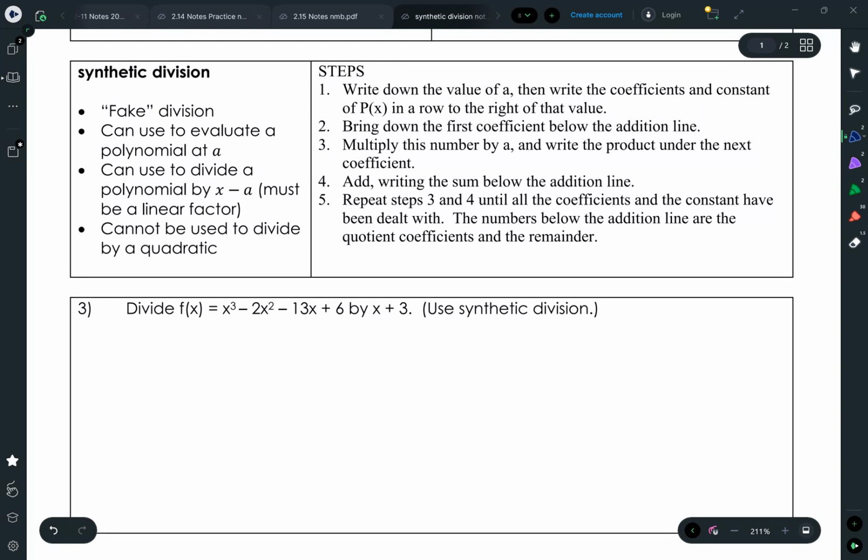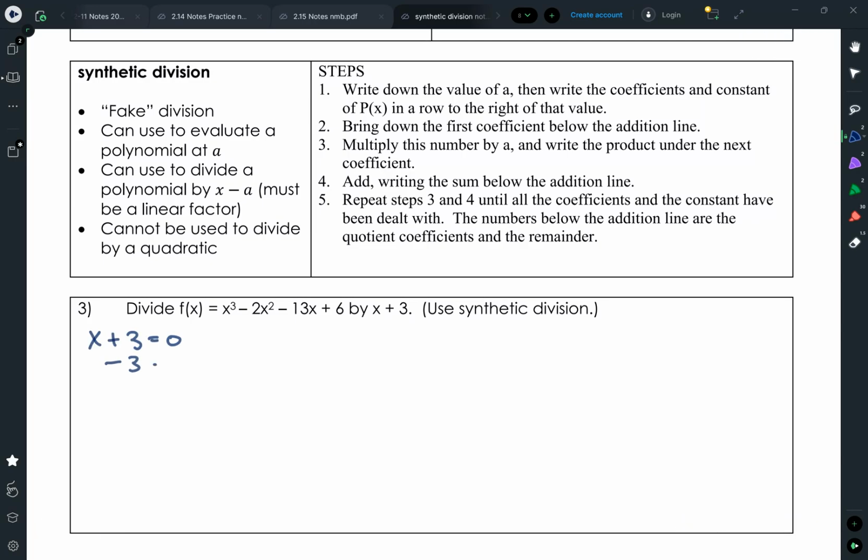So if we are dividing by x plus 3, let's remember that if I have an x plus 3, that means I am looking at x equals negative 3. So negative 3 is going to be the number I use. And I'm going to put this in the little corner over here. And then I'm going to write out my coefficients. Be really careful.